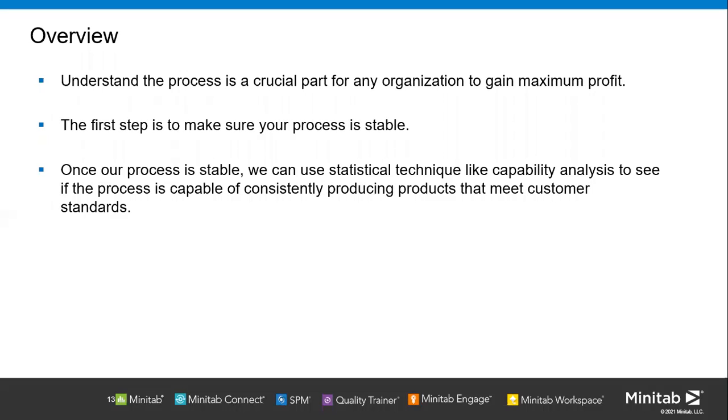Once your process is stable, we can use a statistical technique like today's, capability analysis, to see if the process is capable of consistently producing product that meets the customer standard. Sometimes our customers say that the Cpk is good, but why is there a defect? Maybe they did not look at the stability of the process before they measured the capability.